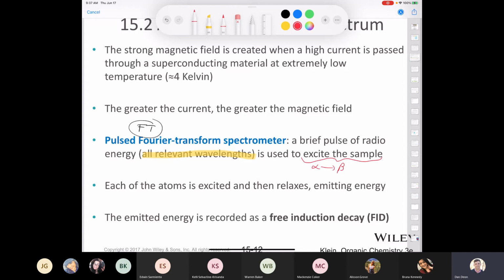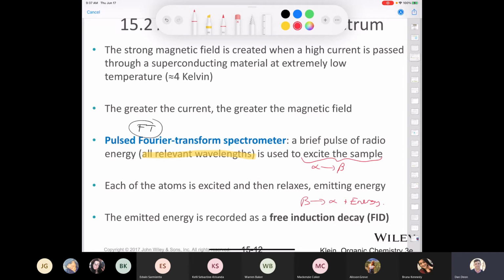But then what happens is that each of the atoms that was excited is going to relax. Okay? It's going to go from the beta to the alpha spin state, and then it's going to give off energy when it does that. So it's going to go down and it's going to give you energy, and different amounts of energy based off of the amount of energy that was required for the spin flip.